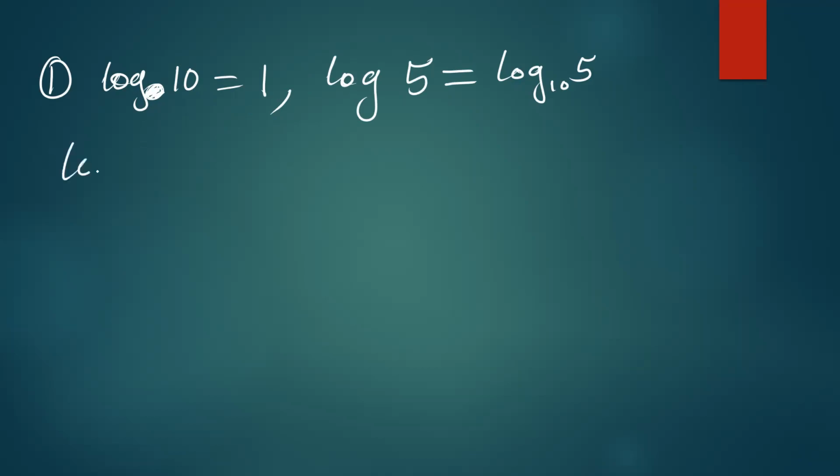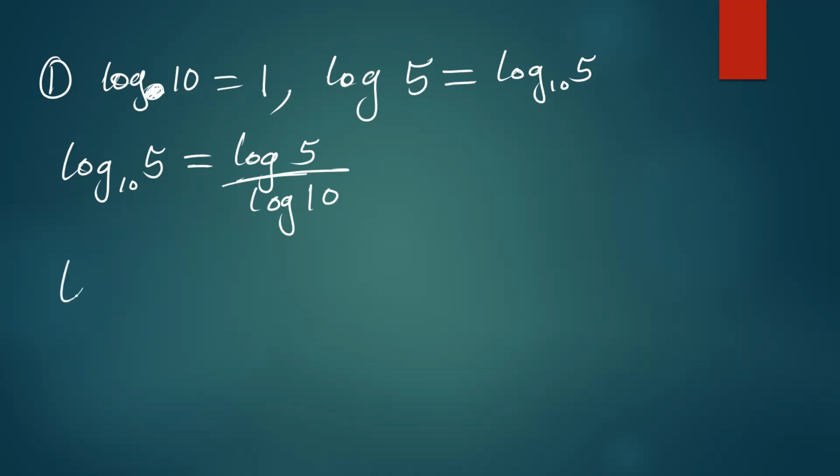And log 5 base 10 is just the same as log 5 over log 10. These are some of the simple rules that you need to consider as you solve any question on logarithms. This is how we convert a logarithm from one base to another.